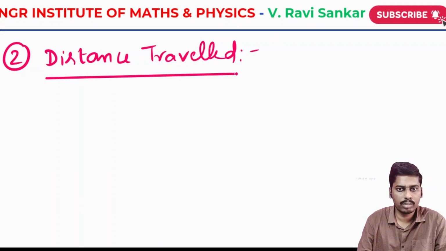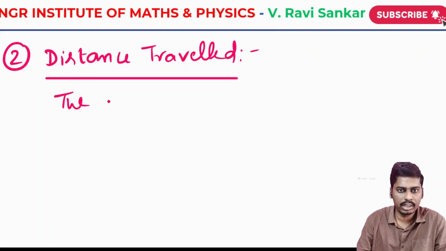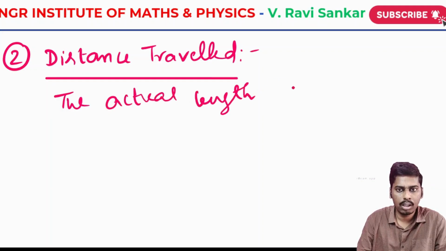Distance traveled is nothing but what? It's very simple. Distance traveled is nothing but the actual length traveled.